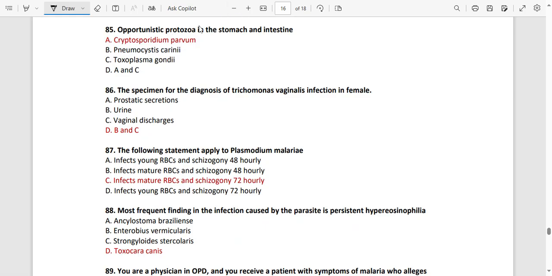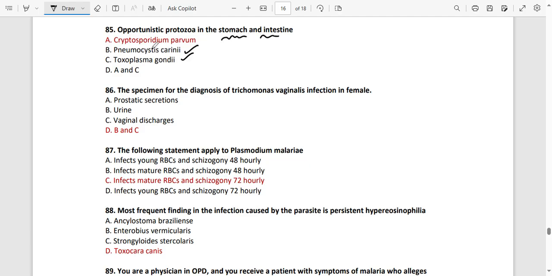Opportunistic protozoa in the stomach and intestine. This guy is not a protozoa, so we remove it. Toxoplasmosis, this gondii guy, not necessarily opportunistic of the stomach and intestine.